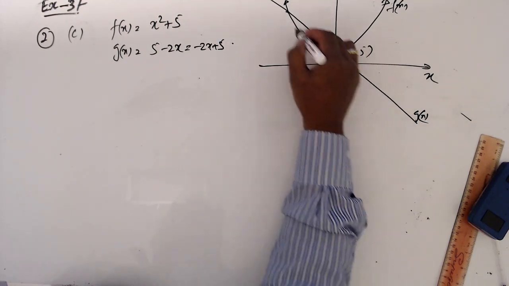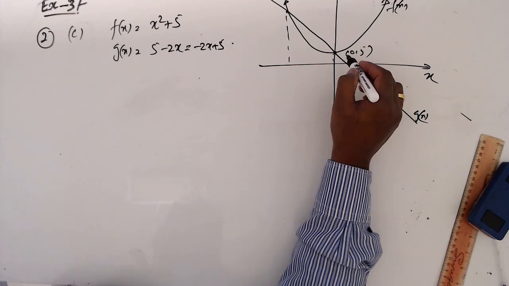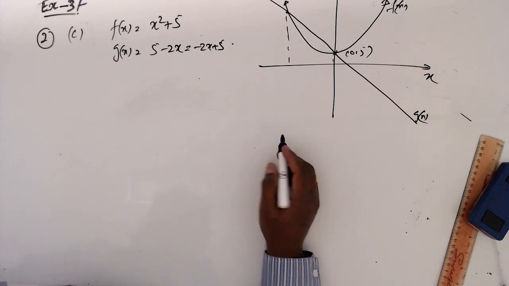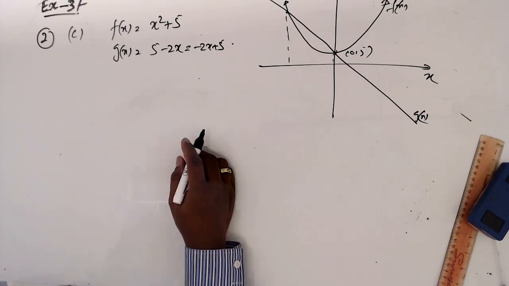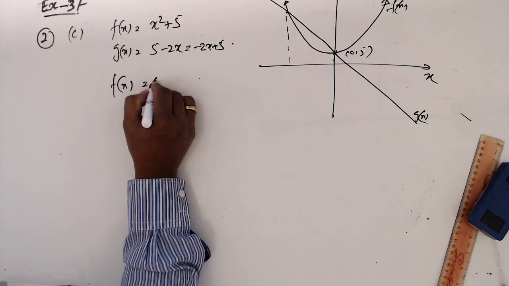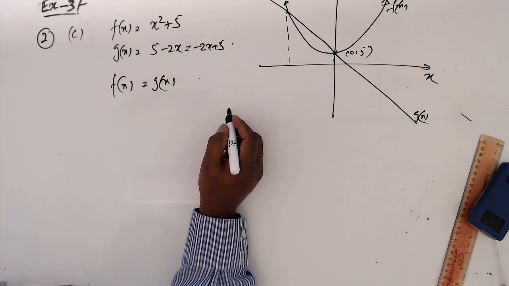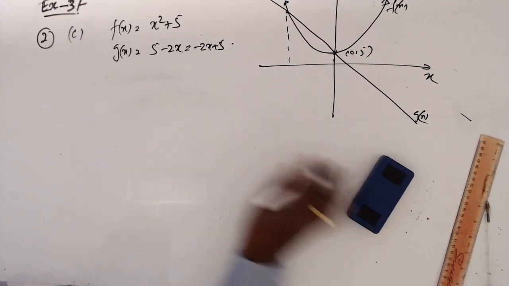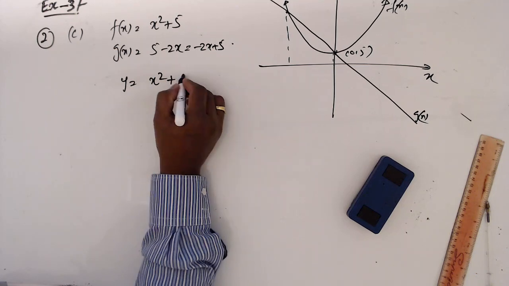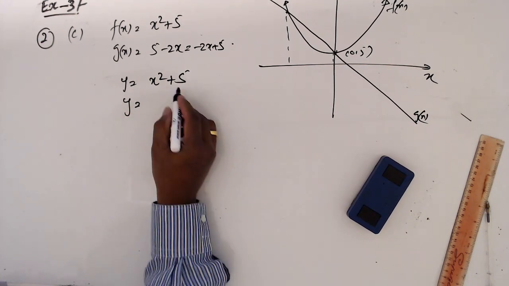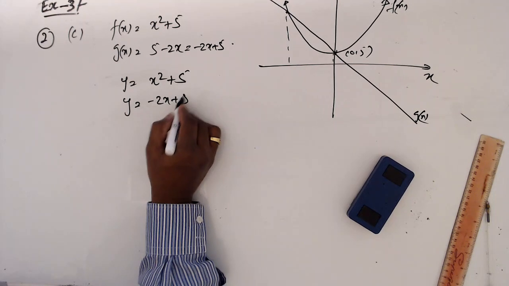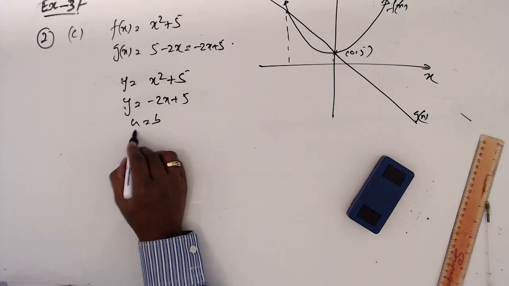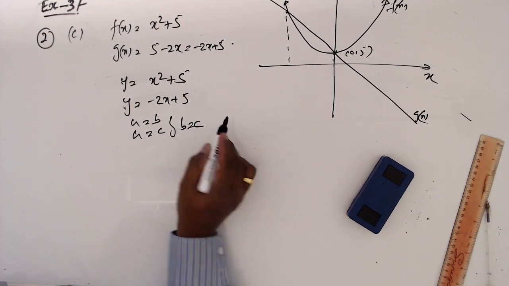Now we need to find those two intersection points. Already we know one is 0. Now f(x) equals g(x). You are familiar with this: if a equals b and a equals c, then b equals c.